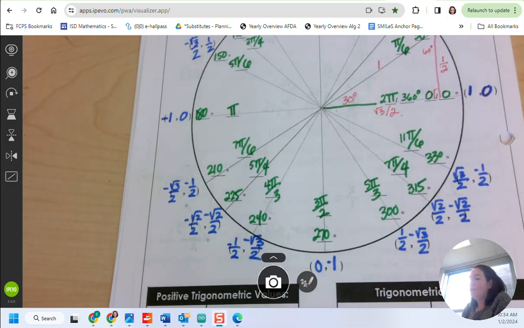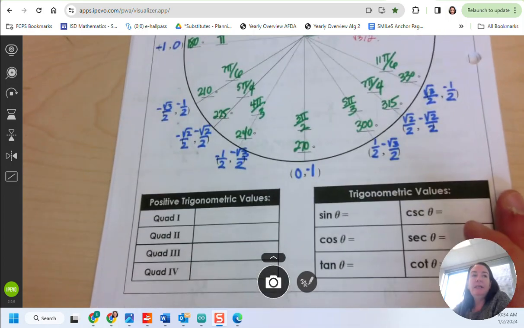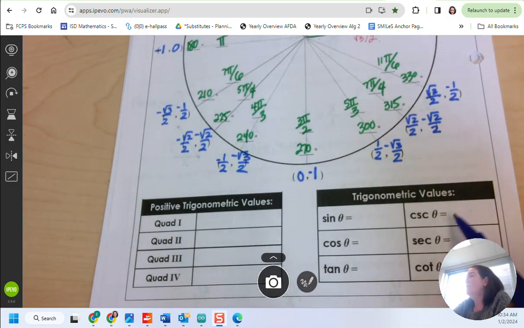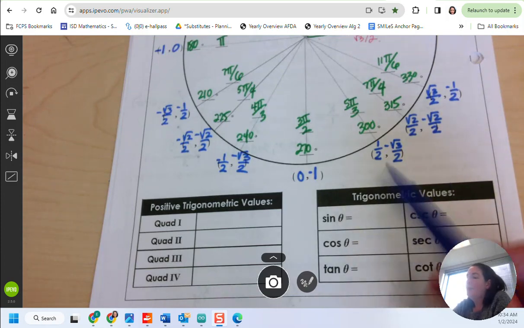It asks which trig values will be positive in each quadrant. And you can put the reciprocals in there if you want, but honestly, there's not much new with the reciprocals, because if the sine is going to be positive, then obviously the cosecant is going to be positive because they're reciprocals of each other. So I think we'll just focus on sine, cosine, and tangent for a moment.